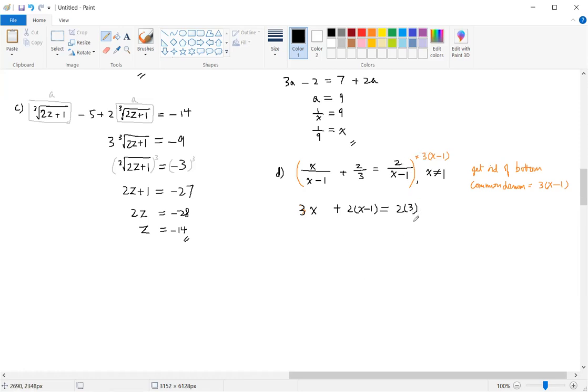Okay, one layer, you kill the bottom, then we just expand, collect like terms. Here, collect is 5x. Collect all the numbers on this side is 8, so x equals 8 over 5.